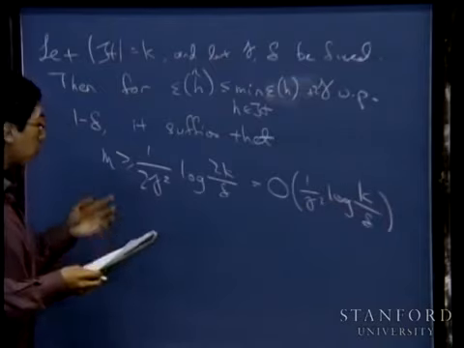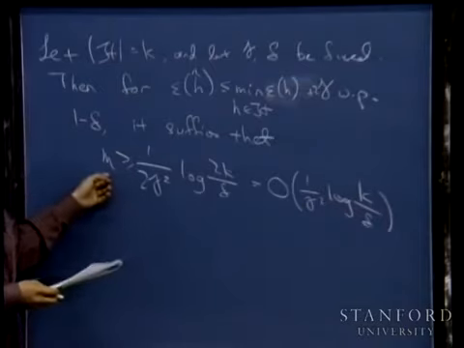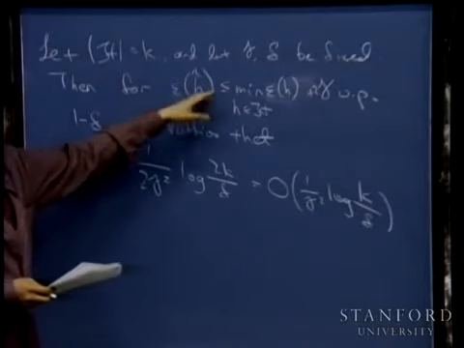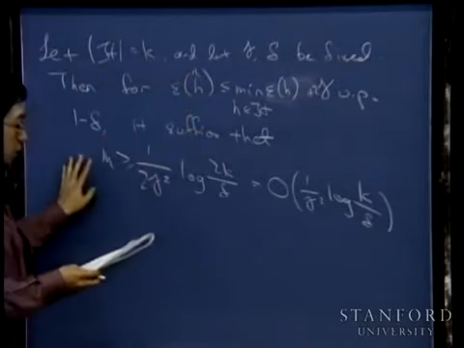And so this is a sample complexity result because it gives us a bound on the number of training examples we need in order to give a guarantee on the error.